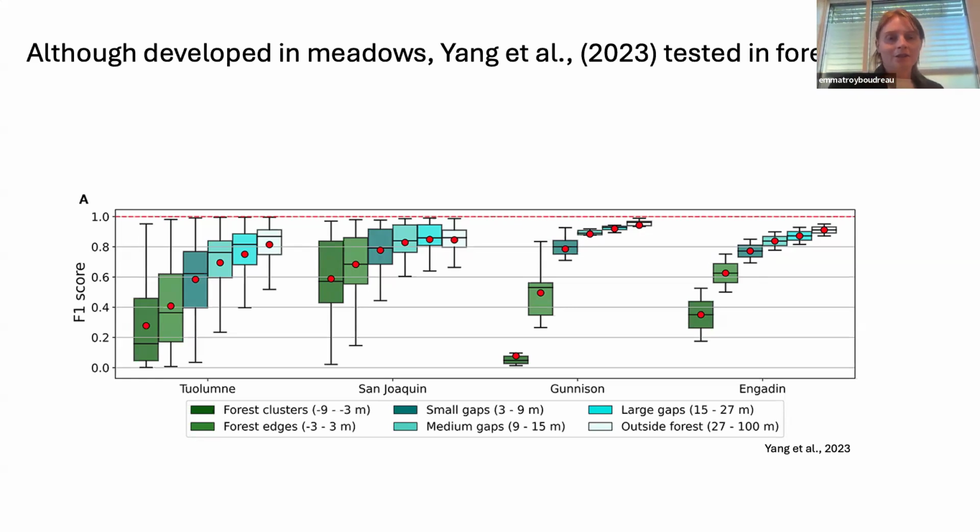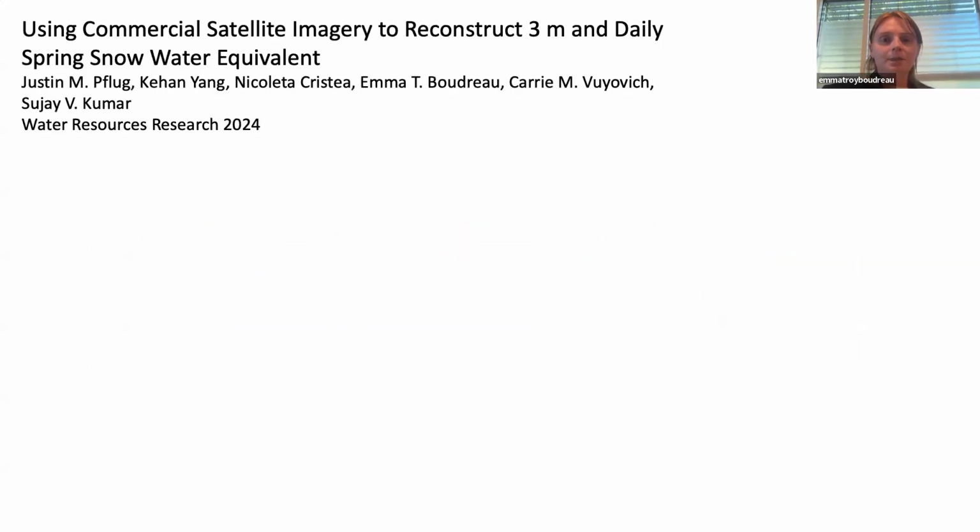And so they clumped these different distances into categories and tested how the model performed. So from this work, we know that using PlanetScope in machine learning, there are some disadvantages, which is identifying snow in forest clusters and maybe small gaps in the forest.